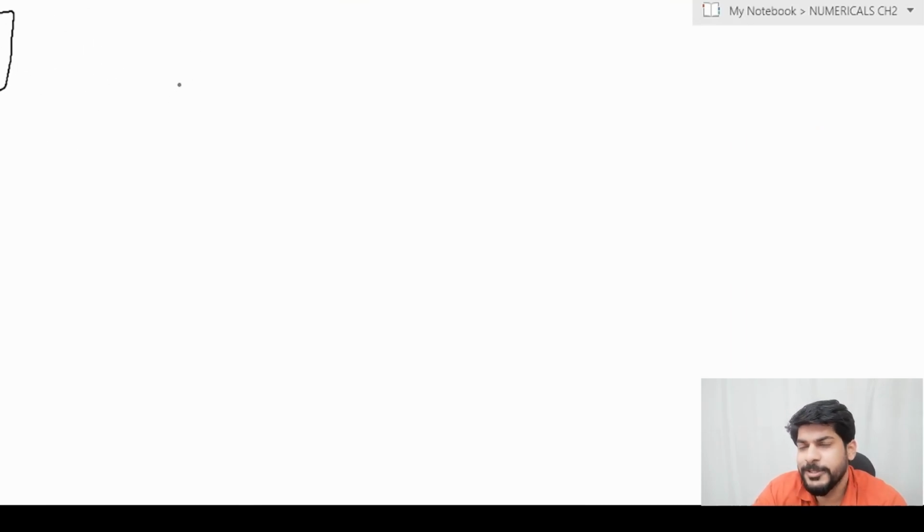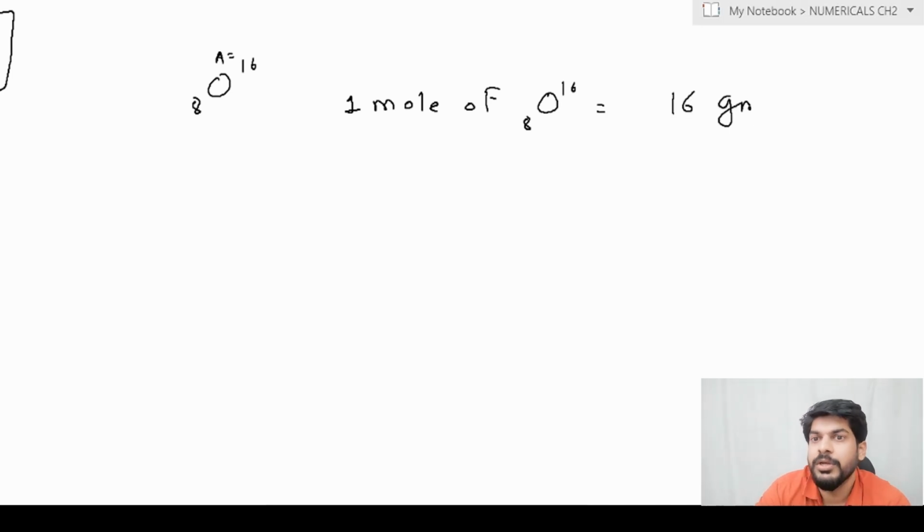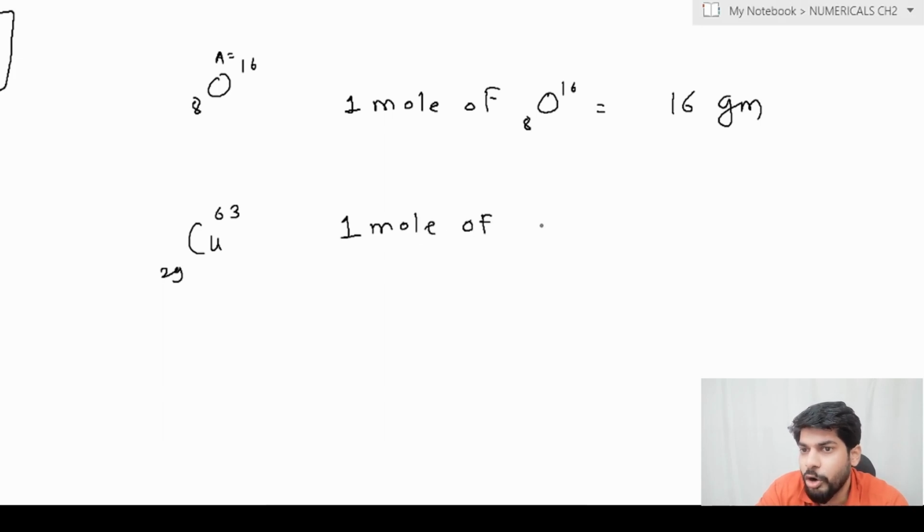Suppose I talk about, let's say, oxygen, which is 8, 16. Mass number is 16, so 1 mole of oxygen is equal to 16 gram. If I talk about copper, copper is 29, 63, so 1 mole of copper is equal to 63 gram.